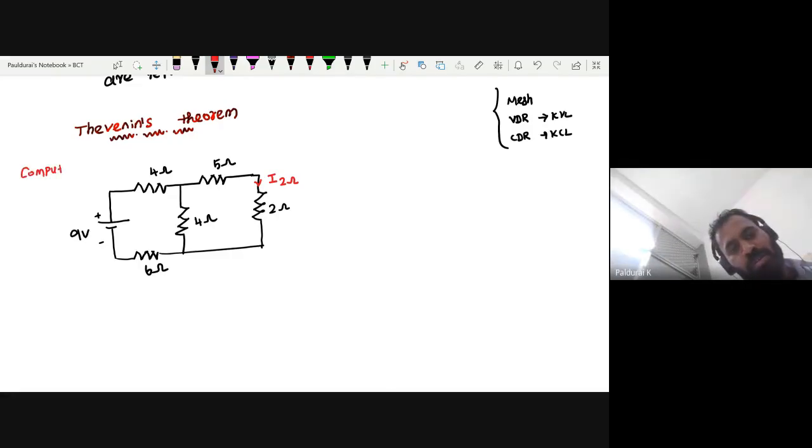Compute I sub 2 ohm. Take your own time. I will give you enough time. This time I won't solve this problem. Very simple, mesh analysis. Find the current which is flowing through the 2 ohm and let me know the value.